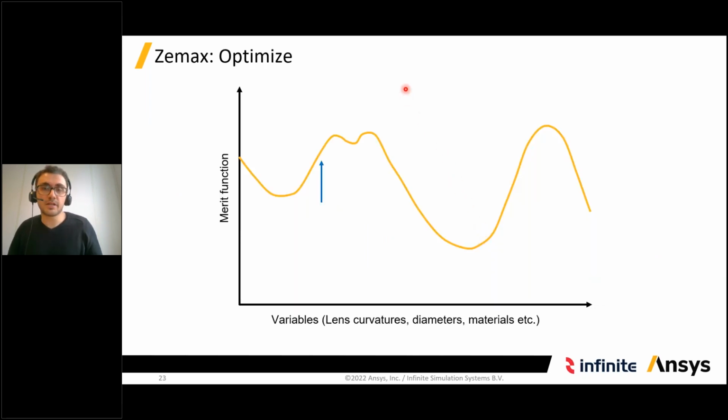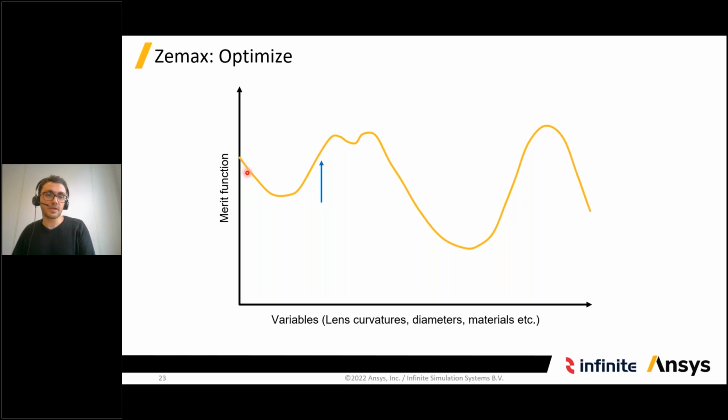So after analyzing, you can optimize your stack of lenses. And how you do that is that you define variables in your system, like the lens curvatures and distance between the lenses, and you make a merit function. And when the merit function is low, that means that your system performs optimally.